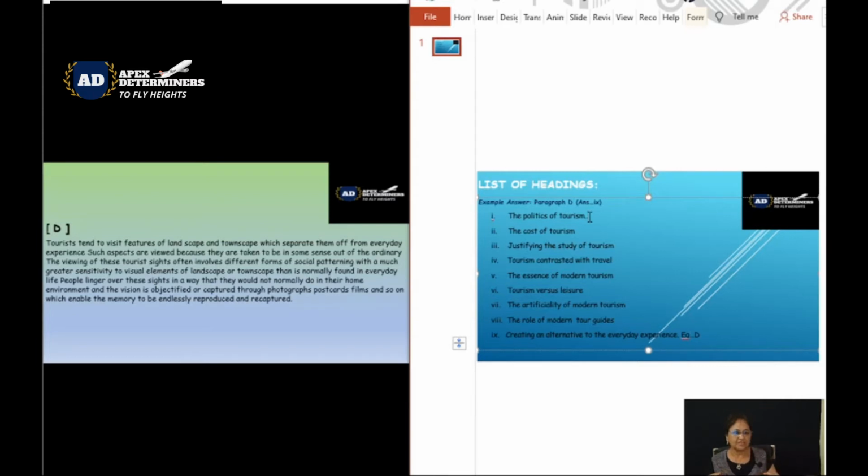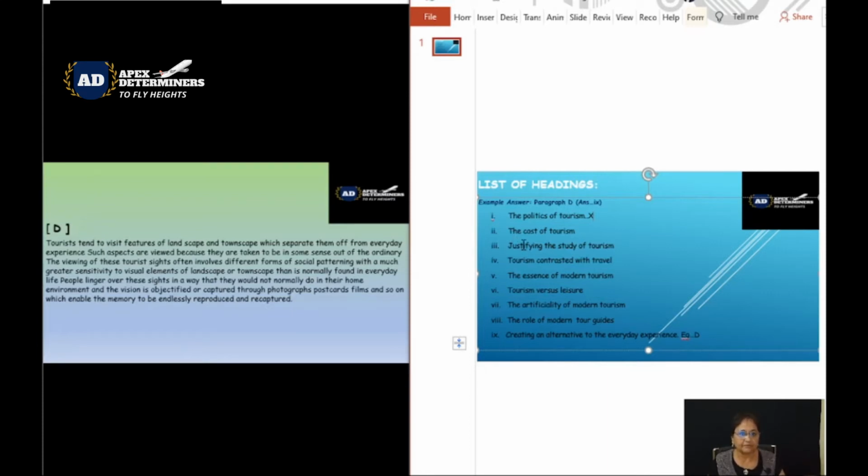So what are the negativities about tourism is what I would see in the meaning of politics. So will they give you negativities of the politics of tourism? Because politics is a negative word, right? So I don't think there'll be a paragraph based on that. So instantly, what you'll put here is a cross mark. That means, as of now, I don't think I will choose that.